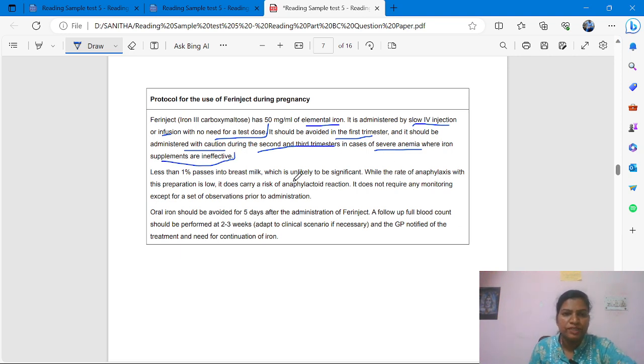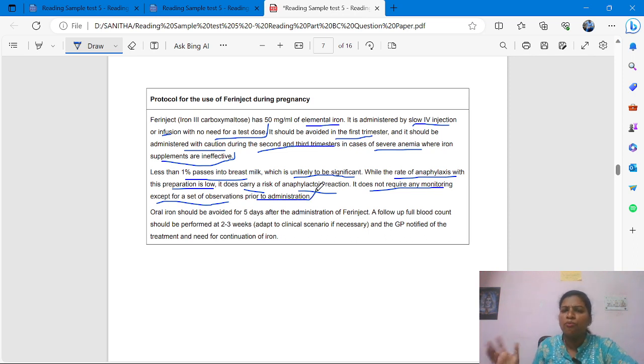Okay, less than 1% passes into breast milk, which is unlikely to be significant. While the rate of anaphylaxis with this preparation is low, it does carry a risk of anaphylactic reaction, but it does not require any monitoring except for a set of observations prior to administration.